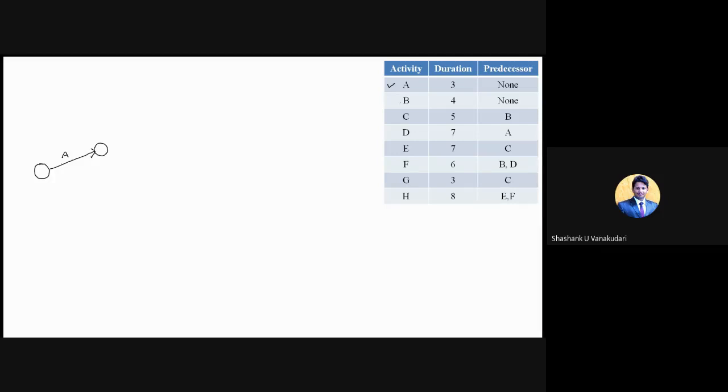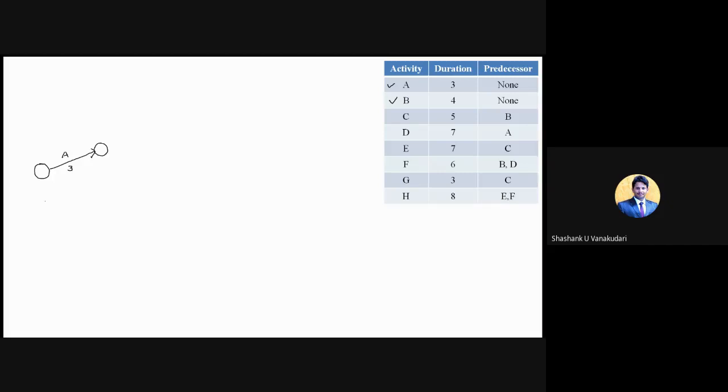Here you can see the second one. Simultaneously I am writing the duration at the bottom of the arrow, 3 days. Then consider the second activity, activity B, consisting of 4 days, and for this activity also there is no predecessor.